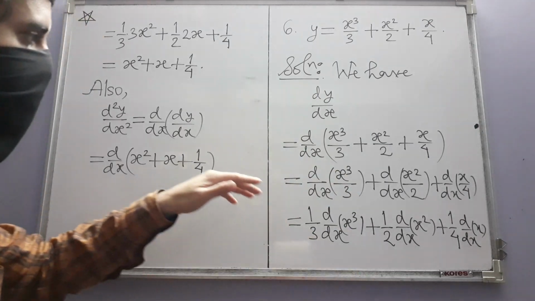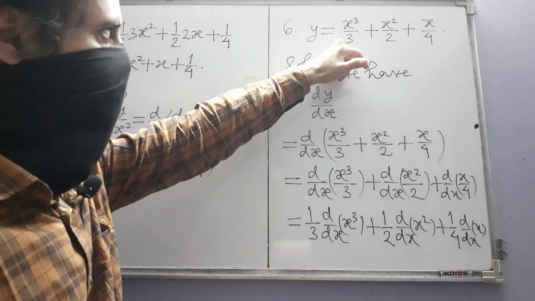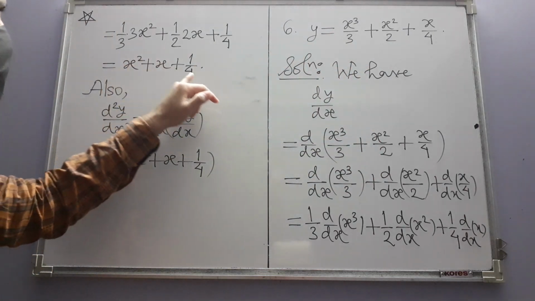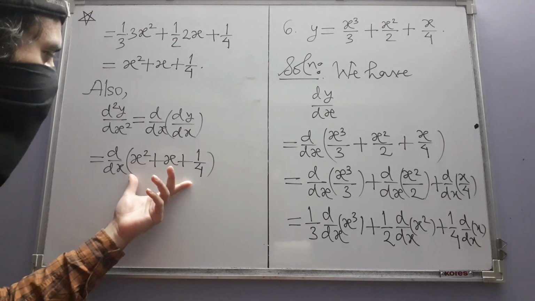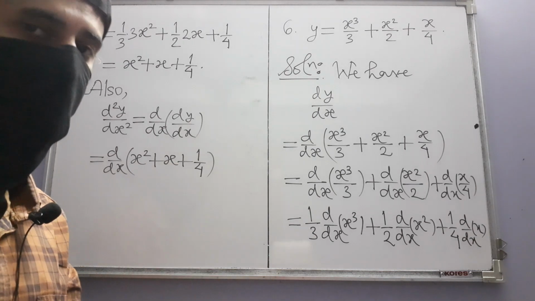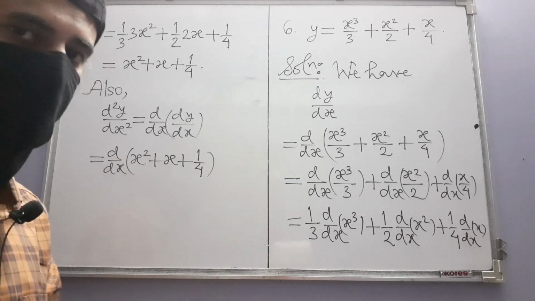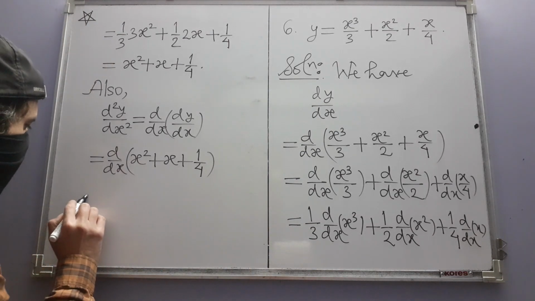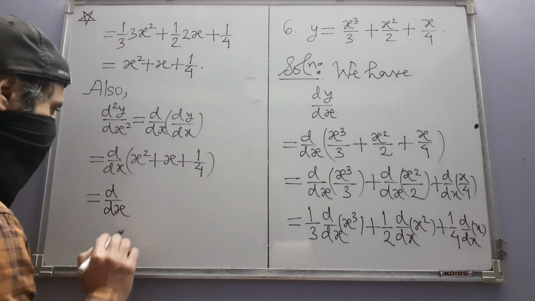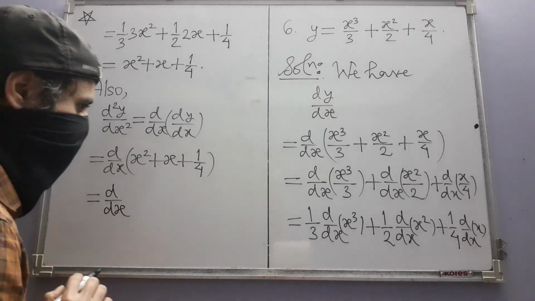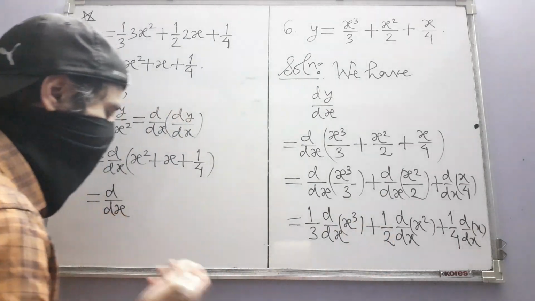That means your answer has degree 1 less than the original polynomial. This is a cubic polynomial, the derivative is a quadratic polynomial. Now we are again differentiating a quadratic polynomial, so the answer should be a linear polynomial, one where x itself is the largest power of x. And actually that's true. And it all happens because of the power rule. When you apply the power rule, the exponent gets reduced by 1, that's why.